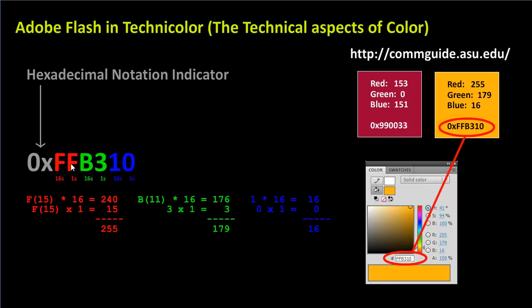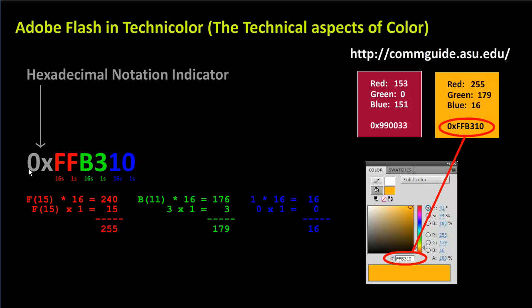So in a number like FFB310, that's hexadecimal, the first 2 digits is red, and in this case FF is 255. B3, the second 2 digits, is the green value, and this is 179, and then 10 is the blue value, and that's a value of 16. So you can see how those numbers compare to the decimal red, green, and blue system.